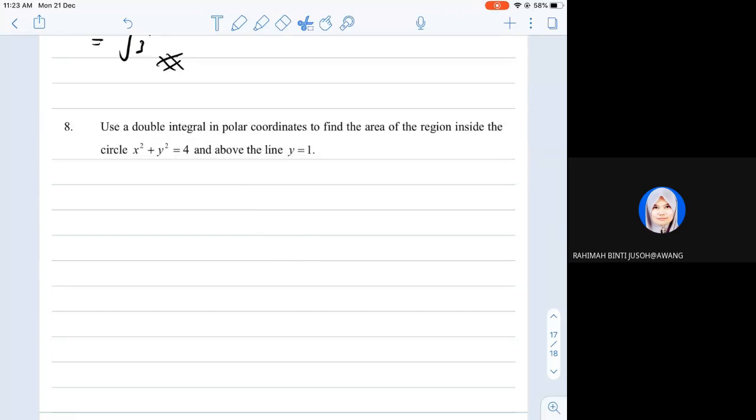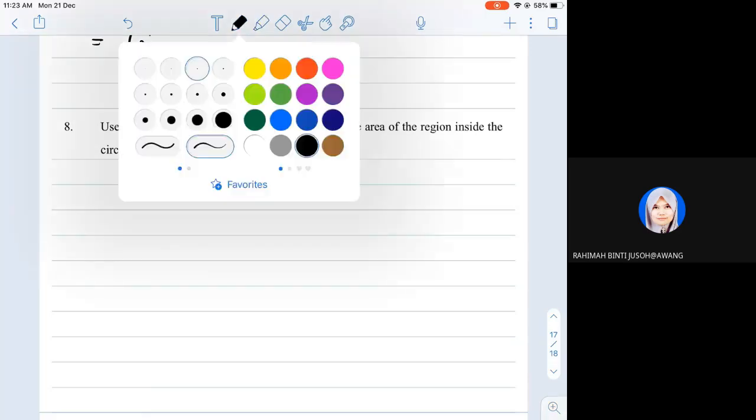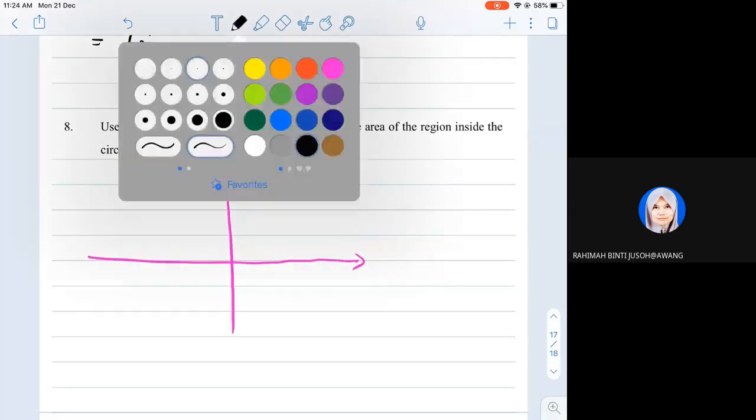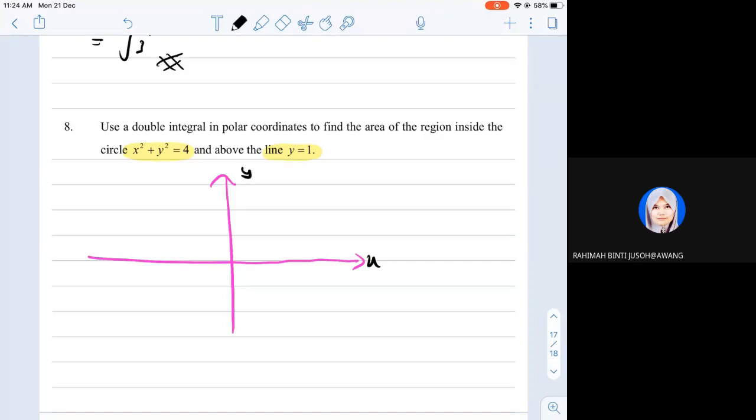Okay, we have a circle, and above the line y equals 1. So first of all, let us sketch the region R. X and Y. So a circle. What's the radius of this circle, guys?